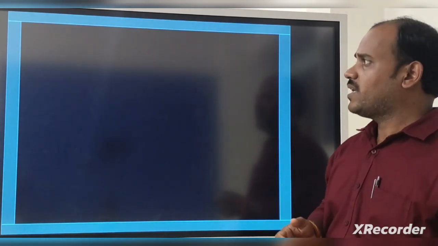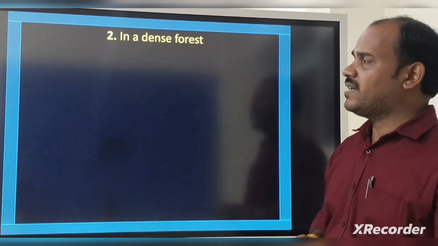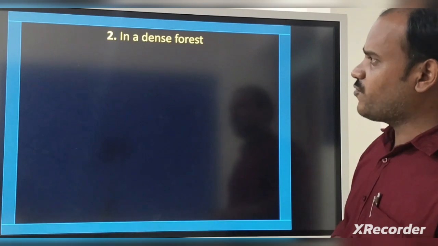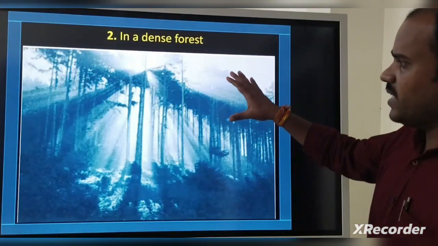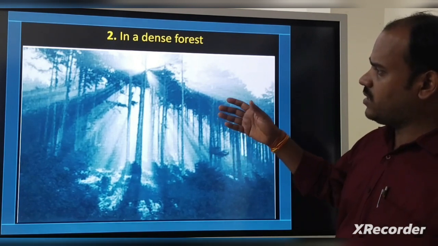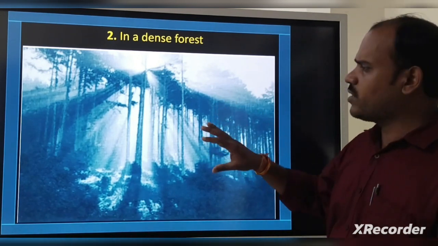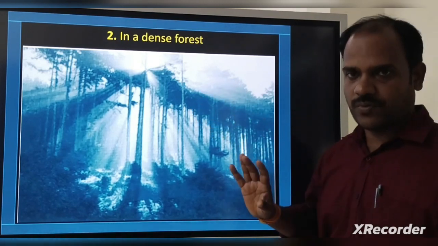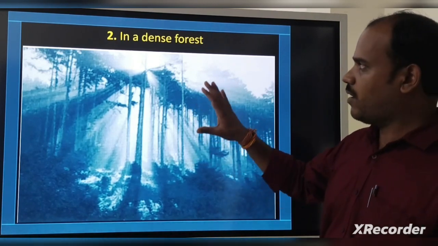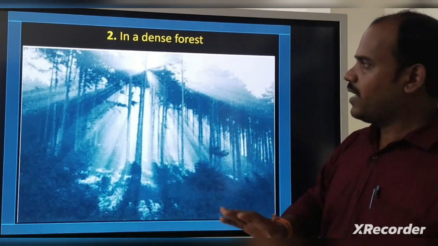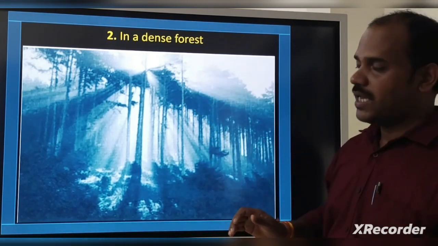Another example is a dense forest. Here in the dense forest, you can see this is a picture of the forest. You can imagine this is evening time, or sunrise time, or afternoon time also. But a better example of the Tyndall effect can be observed in sunrise time.